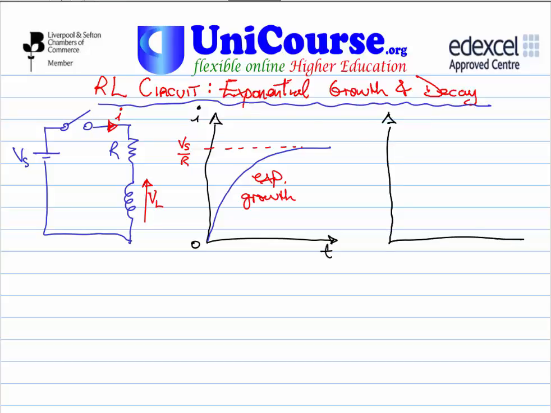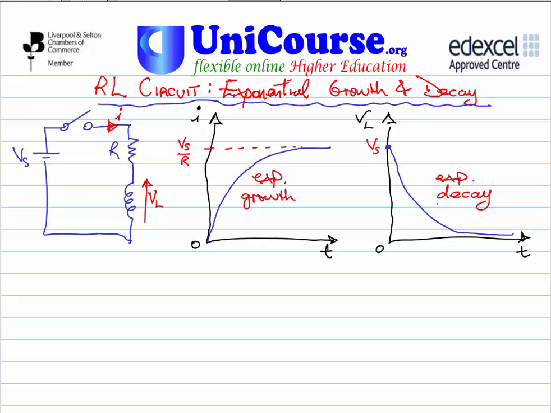Let's have a look at another graph. This time, we're going to check out the inductor voltage VL, and what we expect to see with VL is some exponential decay. That maximum value will be the supply voltage Vs. But again, there's exponential decay.